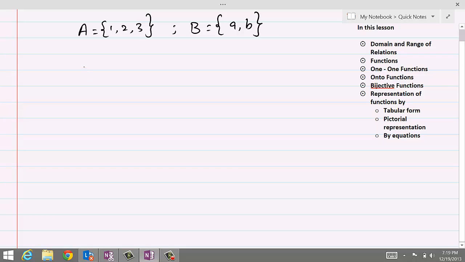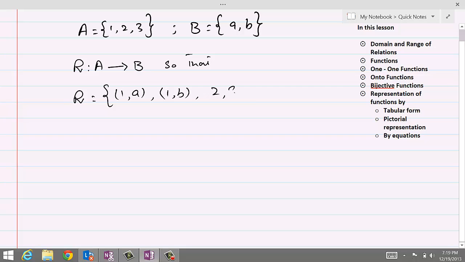Let's define one relation named R from A to B, so that R is equal to {(1,a), (1,b), (2,a), (2,b)}. And let's take one more pair, (3,a).